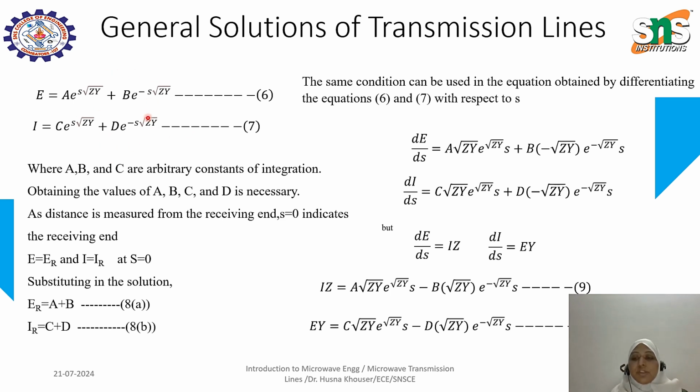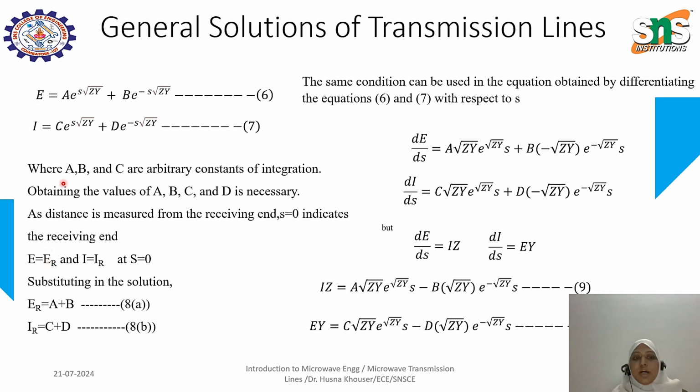We use these two equations for calculating the receiving end condition. For the receiving end condition, after the receiving end of the transmission line, s will become 0. After putting s equal to 0 in this equation, e to the power of 0 is 1.